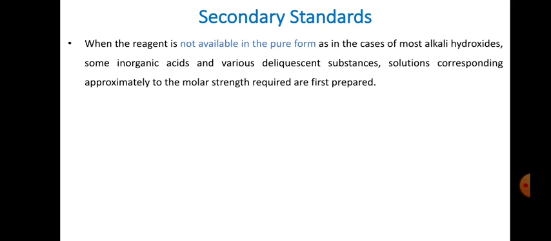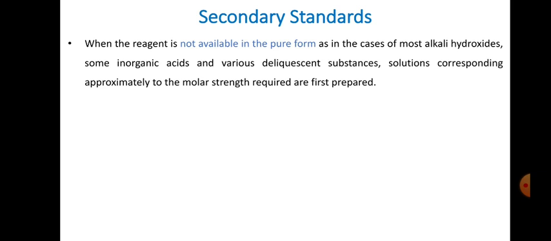For primary standard substances, there is no compromise in the properties or in the purity we have discussed. Only 0.01 to 0.02 percent impurities are tolerable. But in the case of a secondary standard, even if impurities beyond those limits are present, we can still use it.